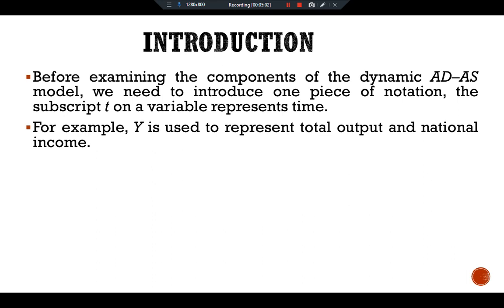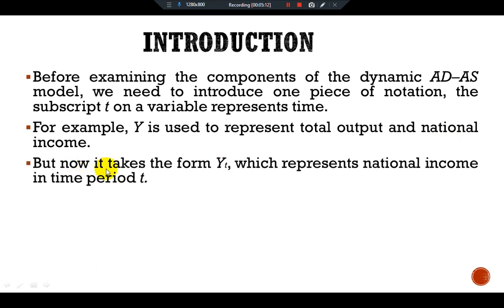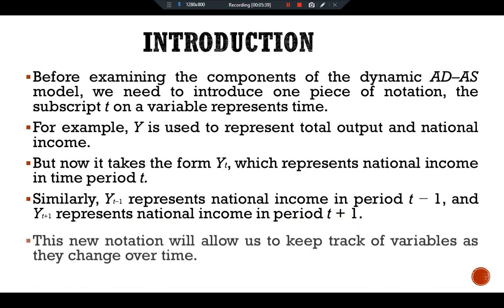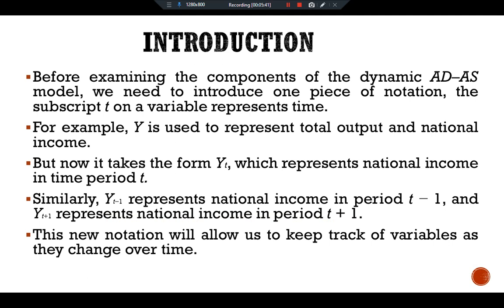For example, Y is used to represent total output and national income, but now it takes the form Y_T, which represents national income in time period T. Similarly, Y_T-1 represents national income in period T-1, or last year, and Y_T+1 represents national income in period T+1, or we can say the next period. This new notation will allow us to keep track of variables as they change over time.